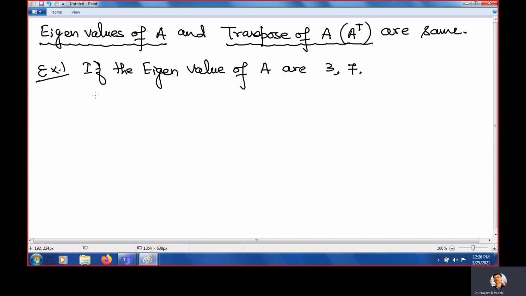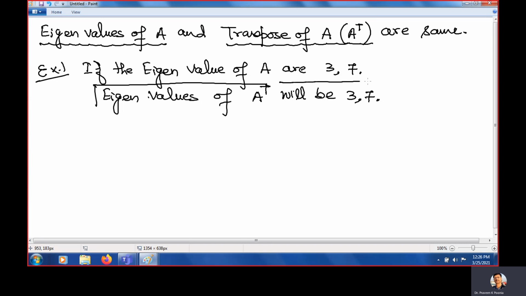So what are the eigenvalues of A T? They will be the same, 3 and 7.